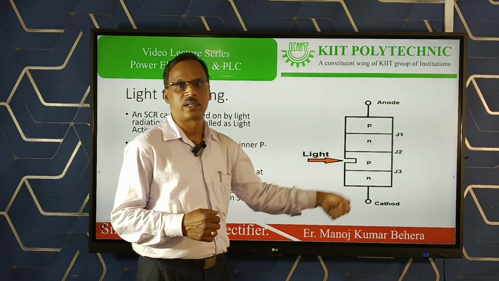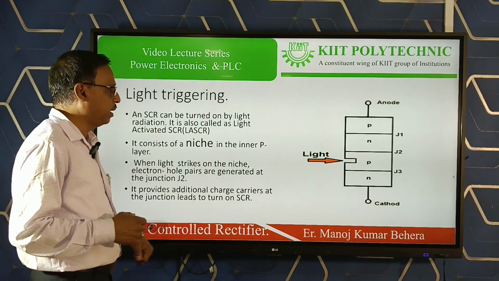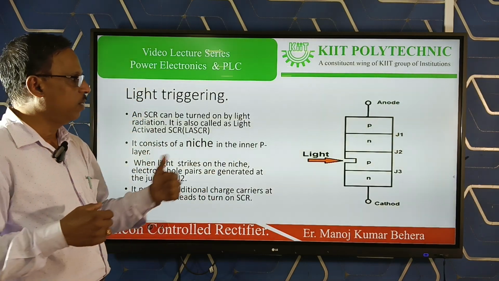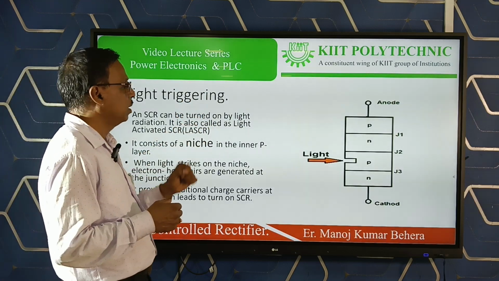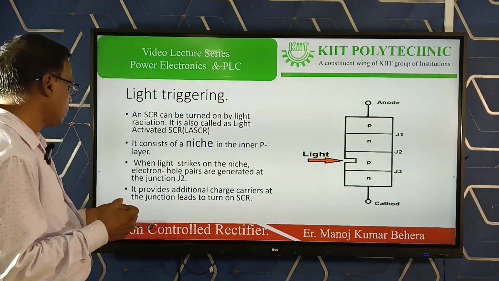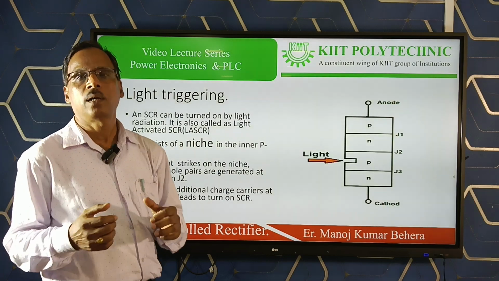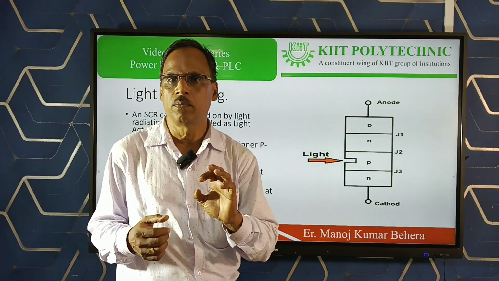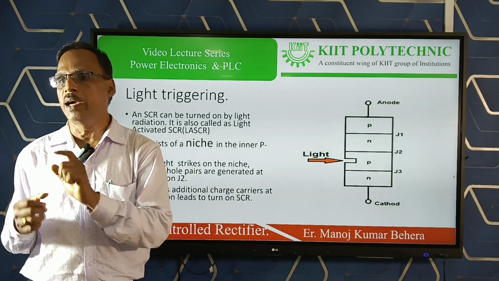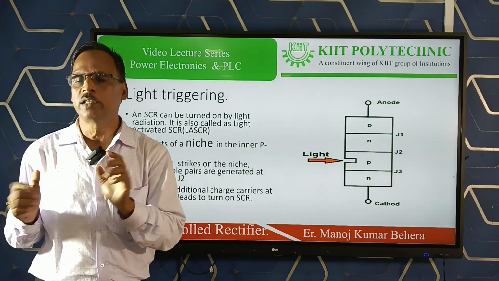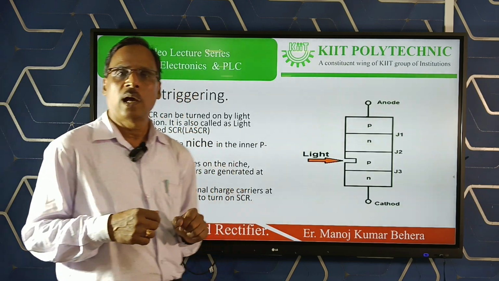We put light, and after a certain period, the junction J2 barrier will immediately start conducting and the SCR will turn on. This method is called light triggering, and it is used in the light activated silicon controlled rectifier. It is most widely used in applications.